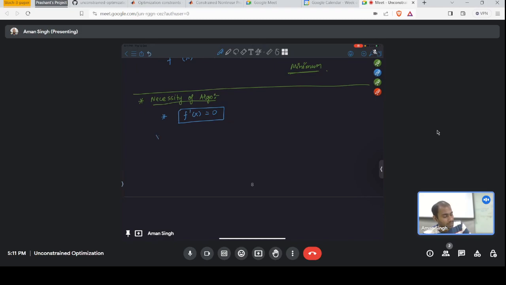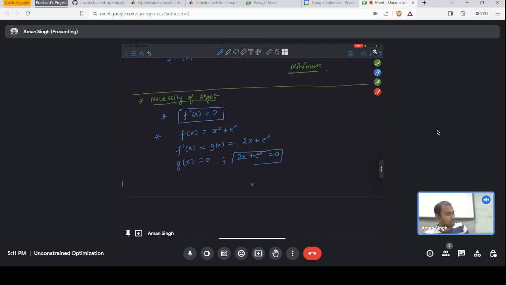So for example, consider f(x) equal to x squared plus e to the power x. For it, f'(x), let's say we call it g(x), is 2x plus e to the power x. And for finding the stationary points, we'll have to find the solution to the equation g(x) equal to 0, which is 2x plus e to the power x equal to 0.